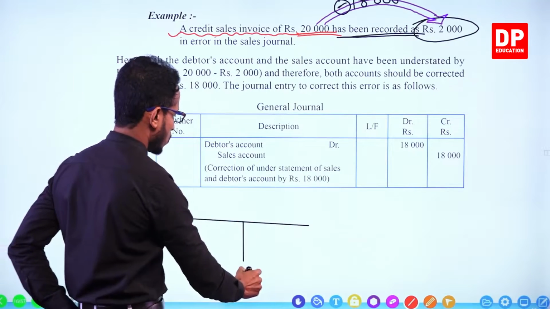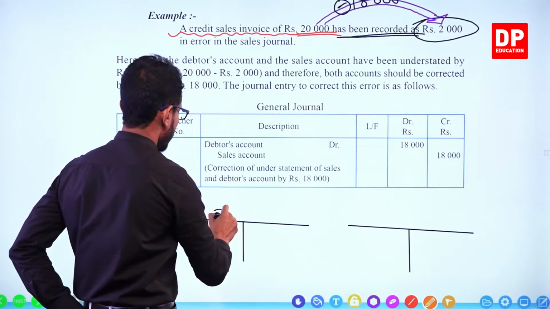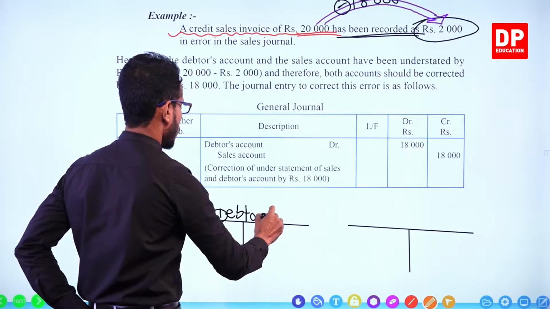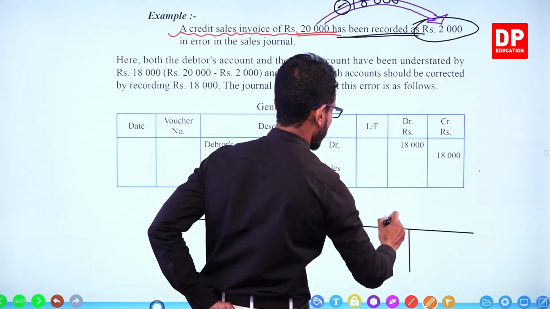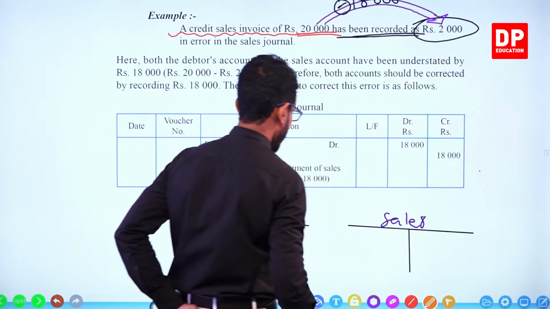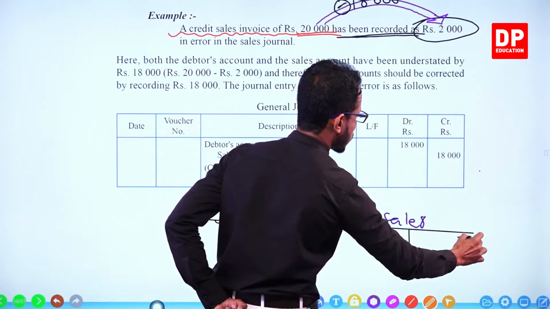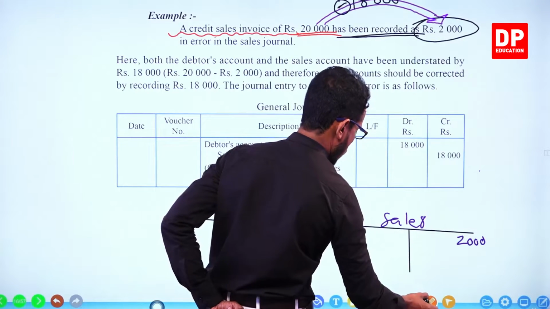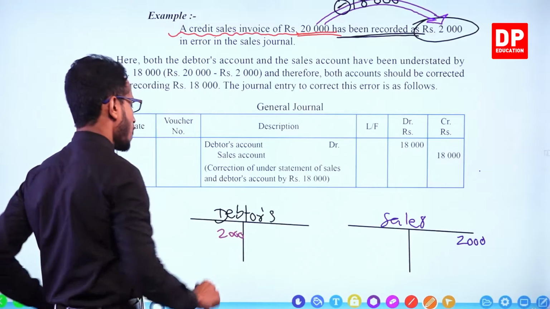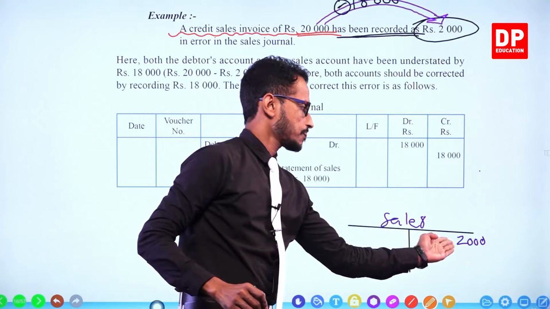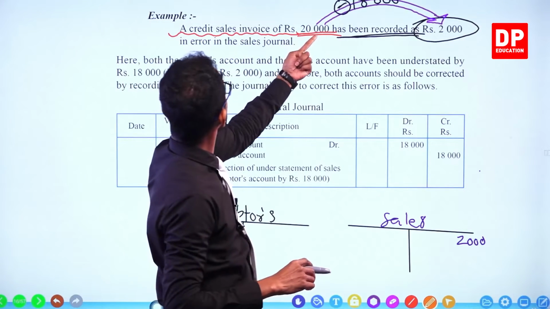This transaction has gone to the two T accounts. What T accounts? Debtors account and sales account. Debtors account debit, sales account credit. But 18,000 less, because it should be 20,000.